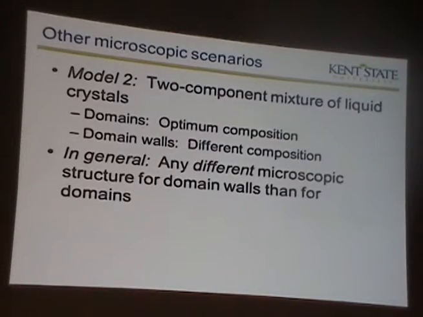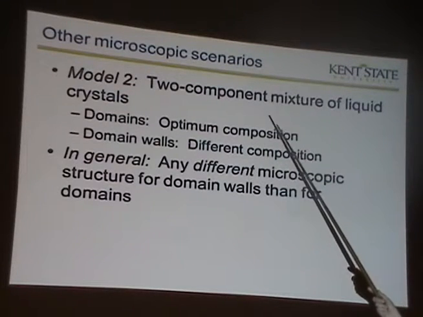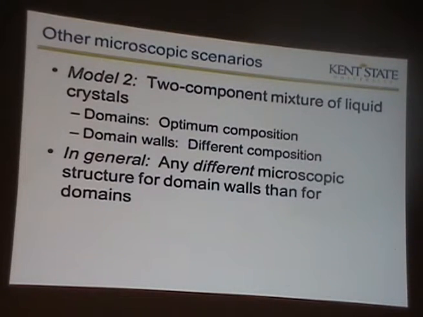We could say maybe you have some two-component mixture of liquid crystals, and then the domains would be regions with the optimum composition, and the domain walls would be places with some different composition. Or suppose you have a mixture of liquid crystals and quantum dots.